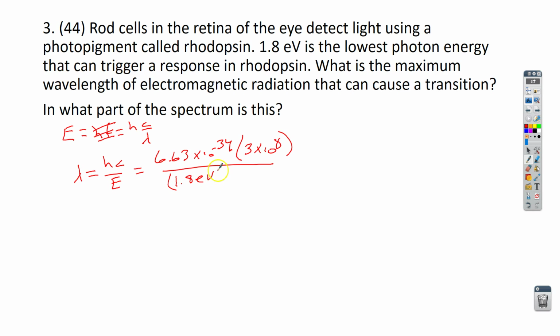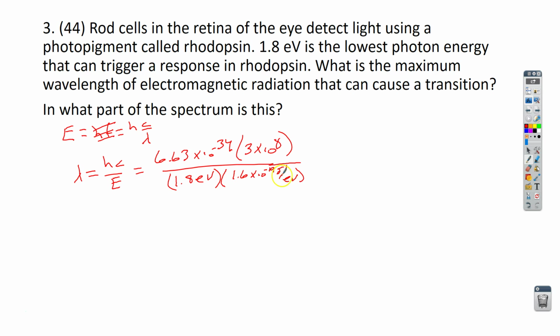Now we have to be careful because this is in standard units and this is not. So we need to go to joules here. That'd be 1.6 times 10 to the negative 19th joules per eV.